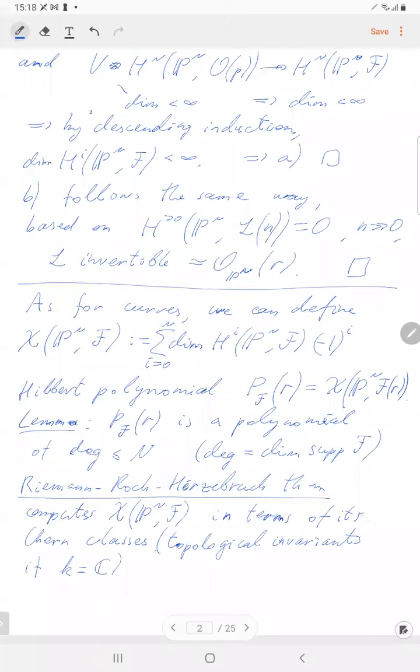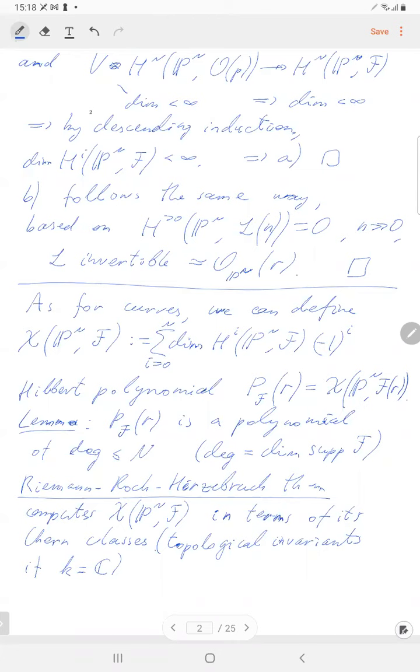Okay, so once again, the miracle here is that you compute some algebraic geometric quantity in terms of purely topological invariants, very rough things. Already for curves, this is miraculous, that you can compute the algebraic geometric Euler characteristic just in terms of a very rough invariant, the degree of your locally free sheaf on the curve.